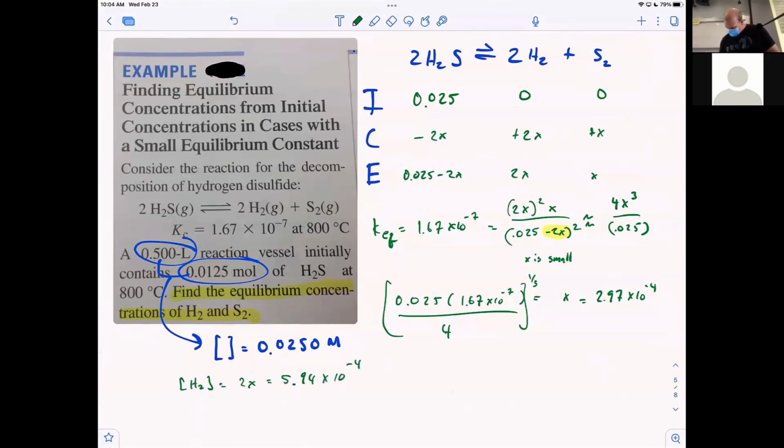Is that right? Oh, next page. Yep, that's right. Concentration of S2 is just going to be x, 2.97 times 10 to the minus 4. Okay, and we're done.